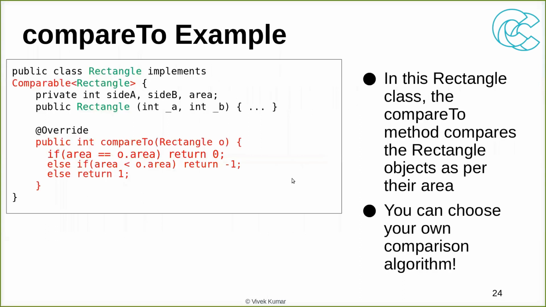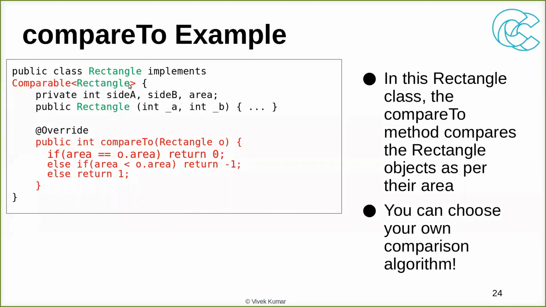Right? So, okay. Now let's say you want to compare two rectangles. So you have the class Rectangle, and since you want to do the comparison, it should implement the interface called Comparable. And you are checking objects of type Rectangle, so that's why it should be of Rectangle type.